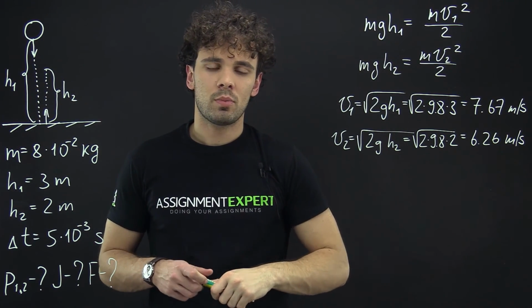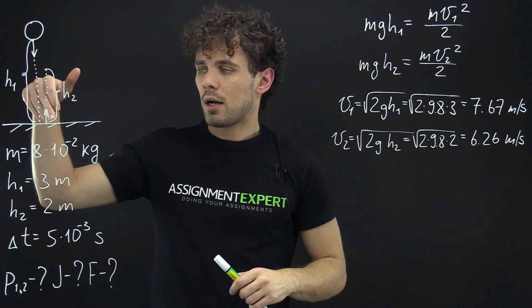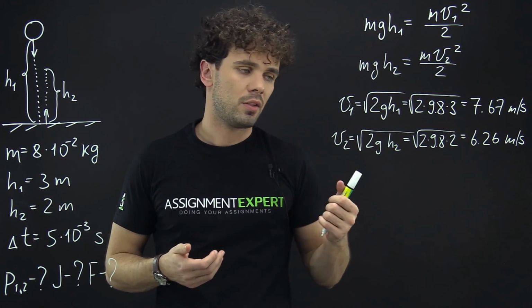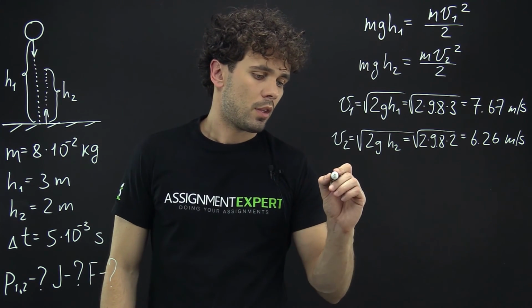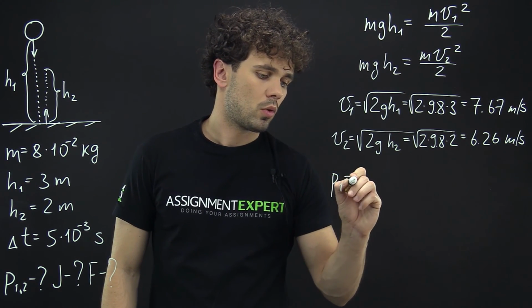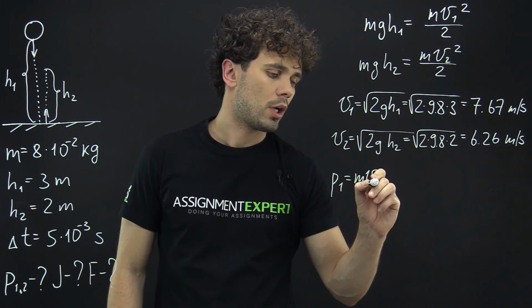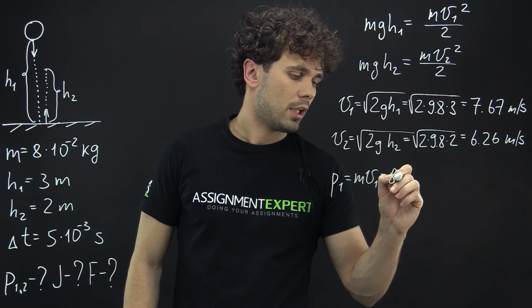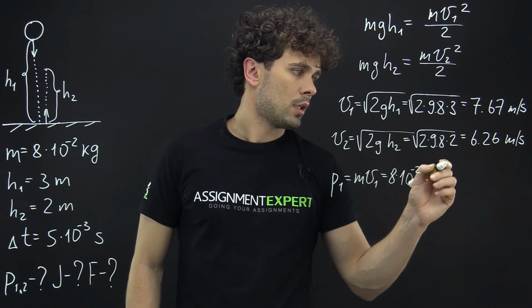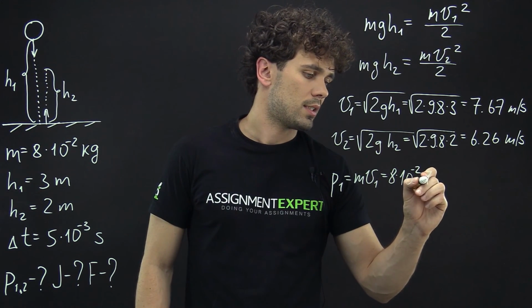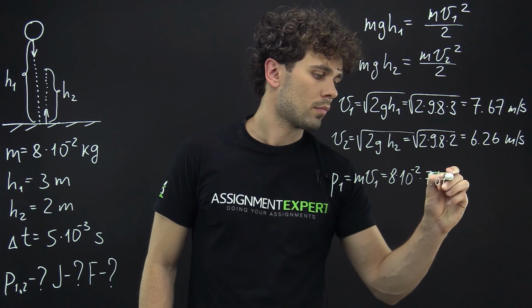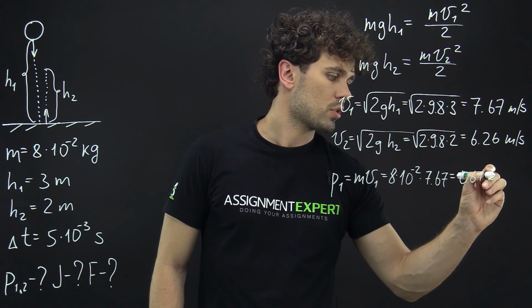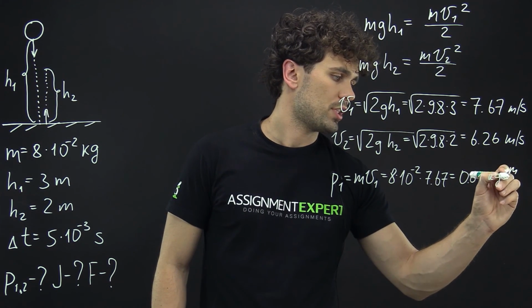Now, as we know the speed of the ball for the downward and upward direction, we can find momentum of the ball for these two cases. So, the momentum P1 equals m times v1 and gives us 8 times 10 raised to the negative second power times 7.67, and we get 0.61 kilograms times meter per second.